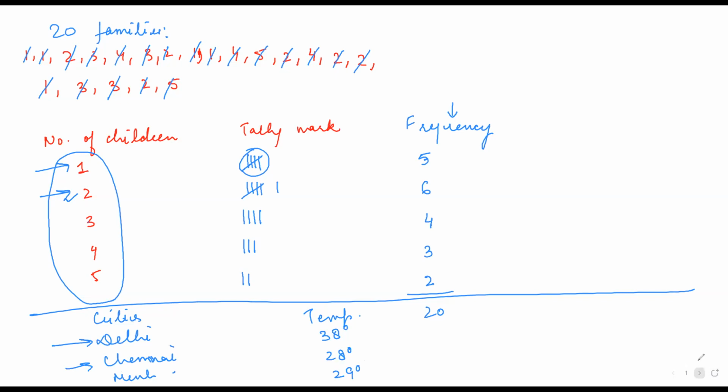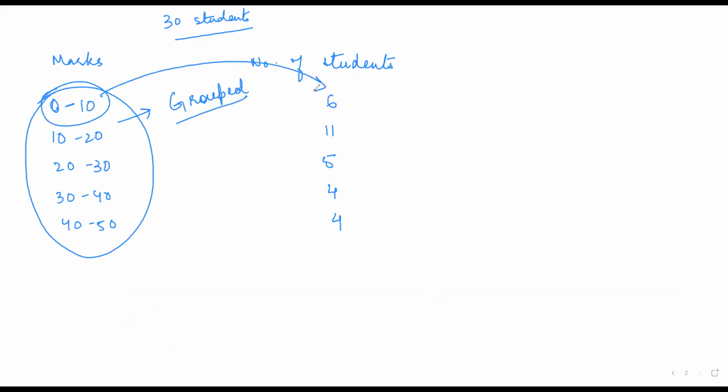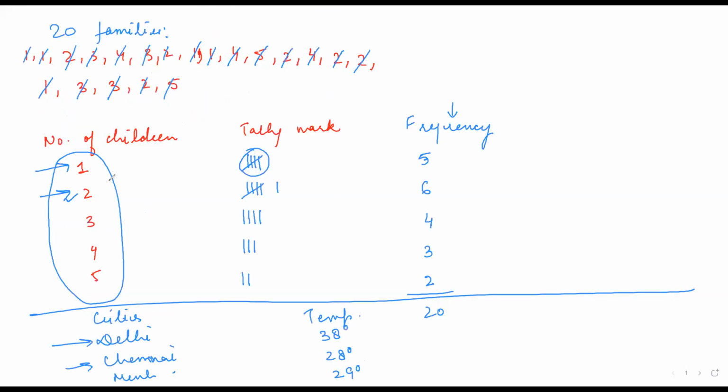Now if you see here, the data is given like this. It is related to each other, right? 0 to 10, 10 to 20. So this kind of data is called grouped data. That means we have formed some groups, and then for the complete group we are saying this is the corresponding frequency. Understand? And this kind of data is called ungrouped data.